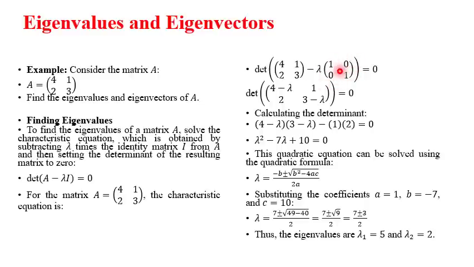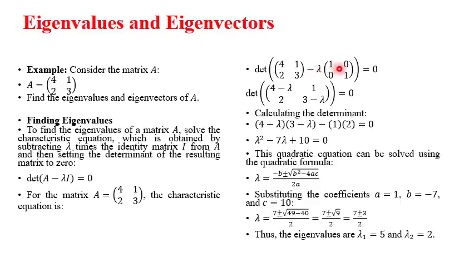So we just simply subtract this, the product of lambda and this identity matrix, from this matrix, and we try to find the determinant. So when we multiply 1 by this identity matrix, what we just get is the scalar lambda here and lambda here.